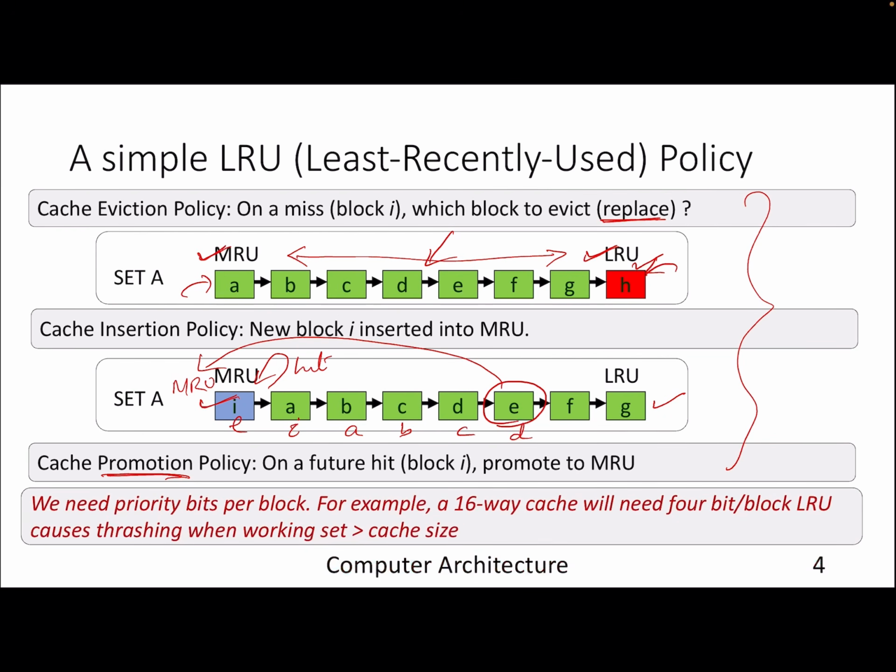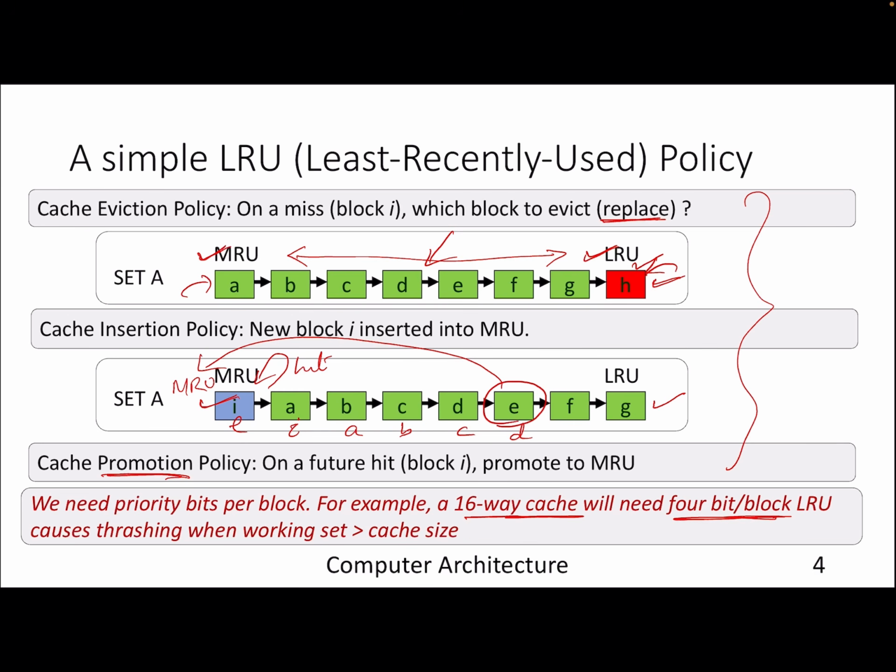The LRU policy is good as long as you have locality that can be preserved with this heuristic of assigning priorities for each block based on recency. For example, if you have a 16-way cache, you will need 4 bits per block.